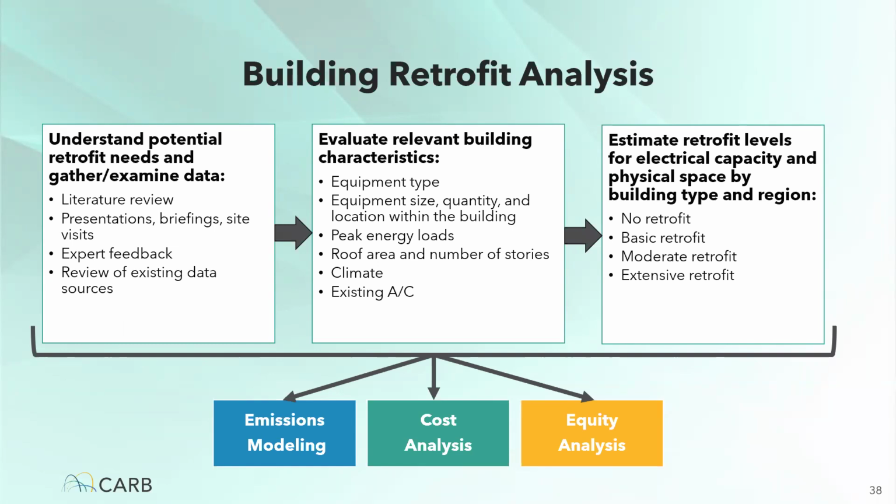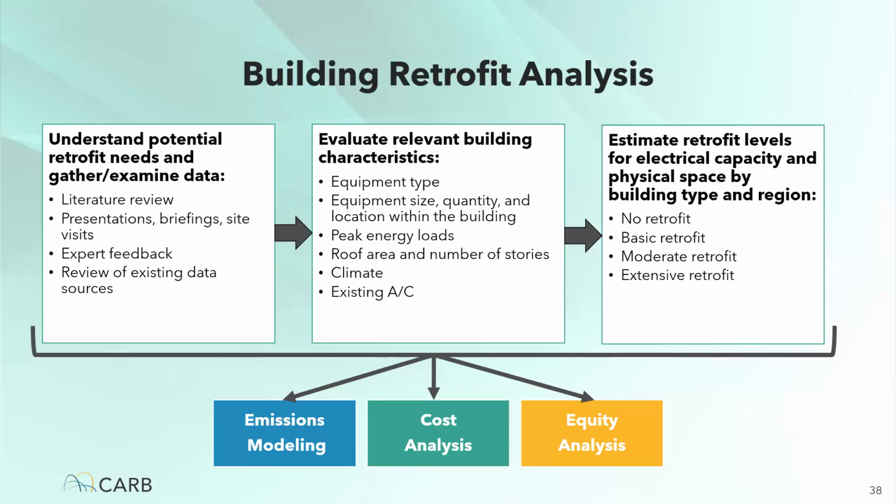Some examples of these retrofits include relocating equipment, adding ventilation, and adding roof reinforcement to support larger or heavier equipment. And then finally, we estimated costs and categorized retrofit actions into 4 different levels.